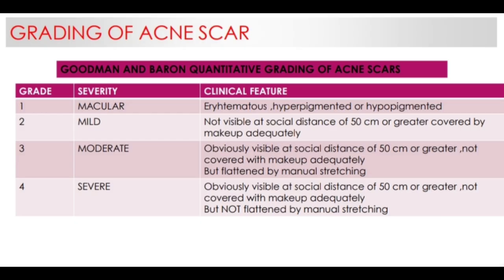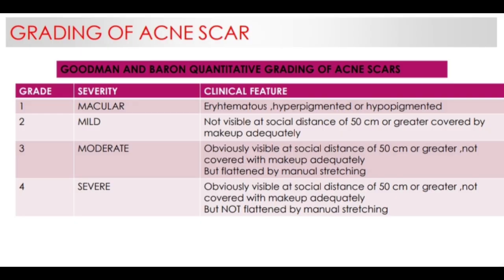Acne scars can be graded quantitatively with the help of the Goodman and Baron grading scale, which can be grade 1, 2, 3 or 4 depending upon severity. Grade 1 is macular, which is edematous, hyperpigmented or hypopigmented. Grade 2 severity is mild, where the acne scar is not visible at a social distance of 50 cm or greater and is adequately covered by makeup.